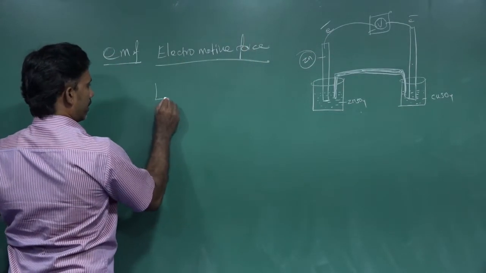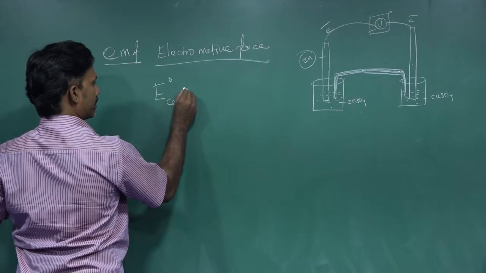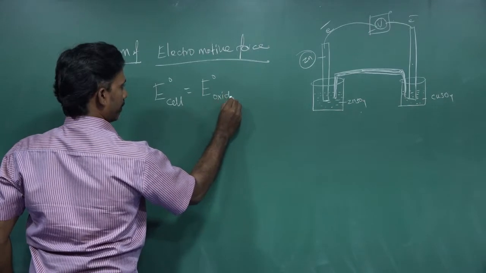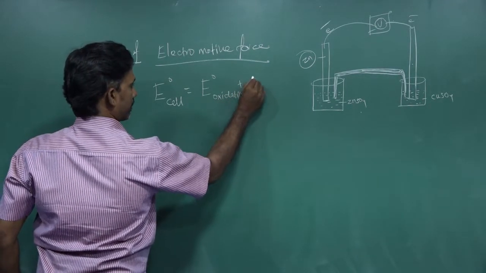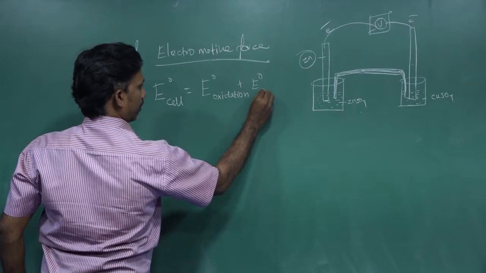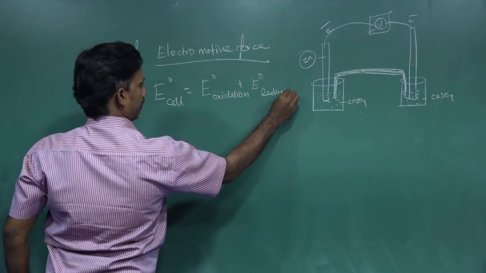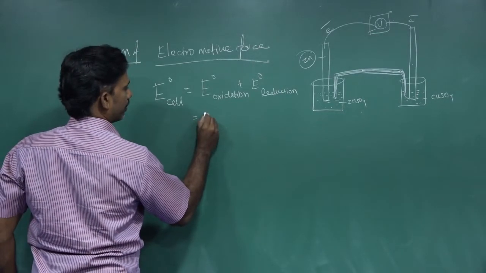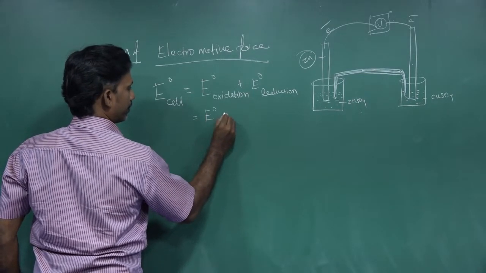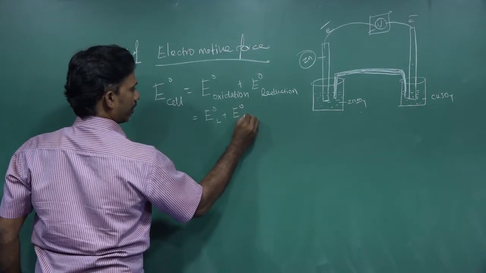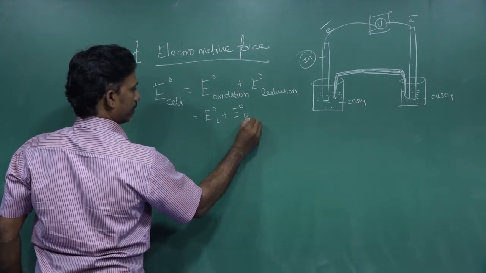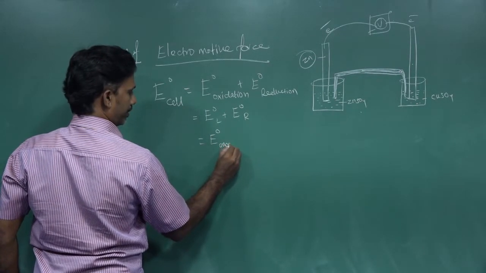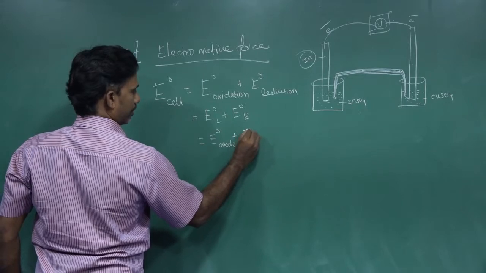So the E cell, the electromotive force of the cell, is E naught of the oxidation plus E naught of the reduction. Like this we can write, or we can simply write E naught left plus E naught right, or otherwise E naught anode plus E naught cathode.